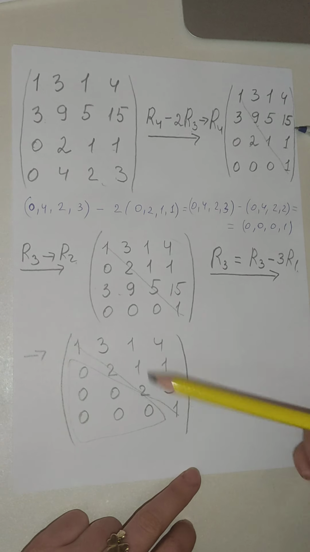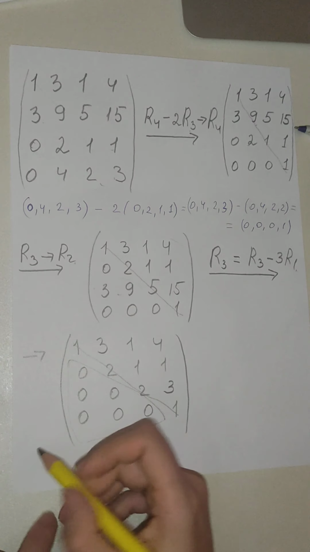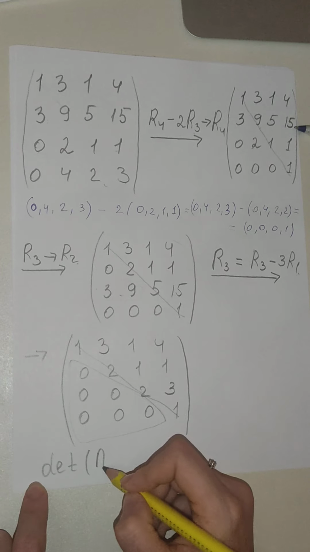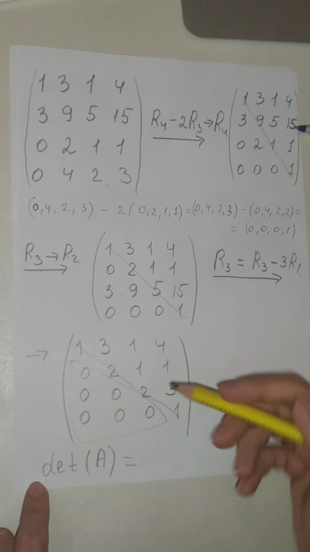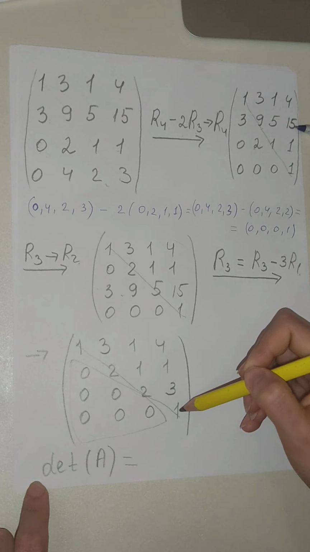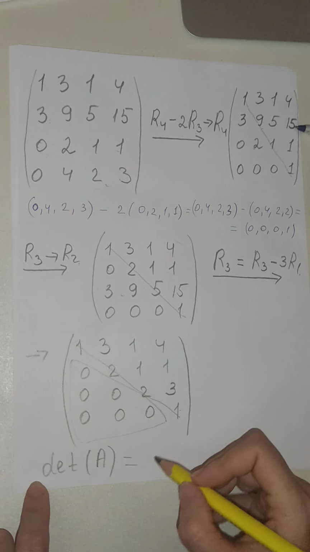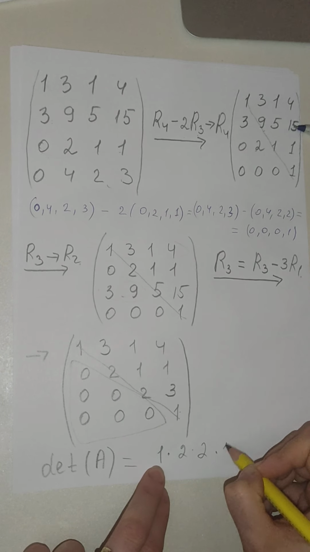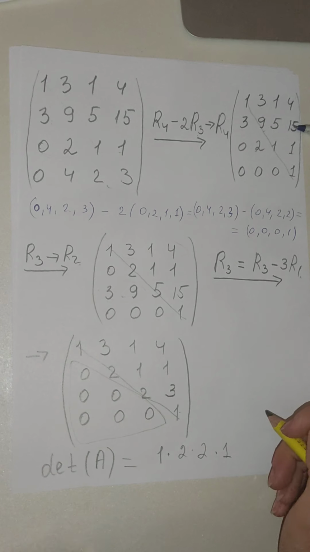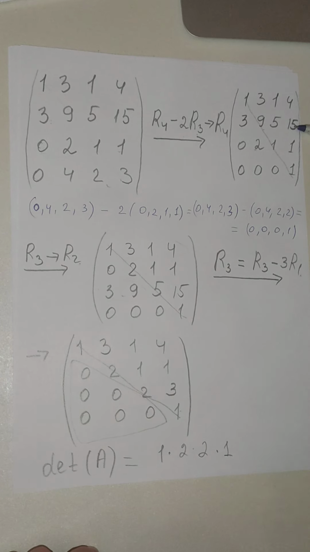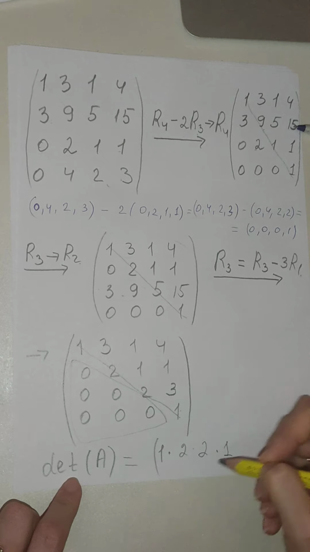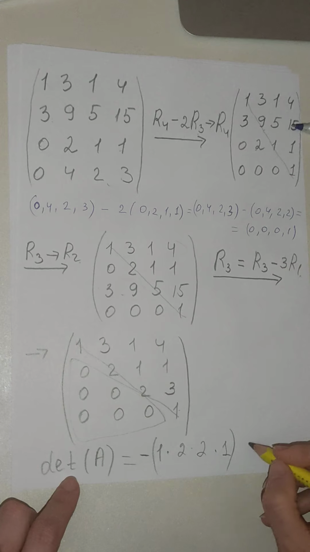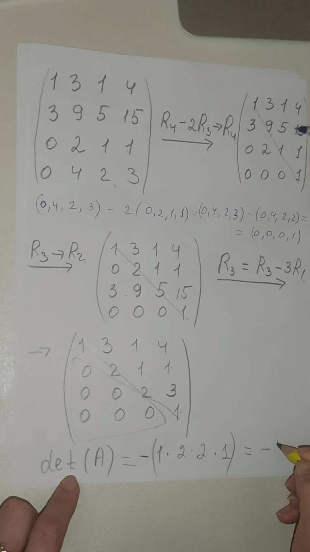Now we can find the determinant. It is equal to the multiplication of the diagonal elements, 1 times 2 times 2 times 1. But as we mentioned above, interchanging rows changes the sign of the determinant. So in front of this, we should write a negative sign, and our result is negative 4.